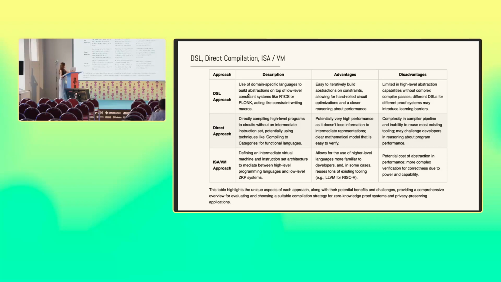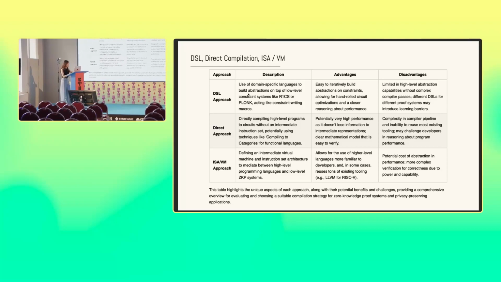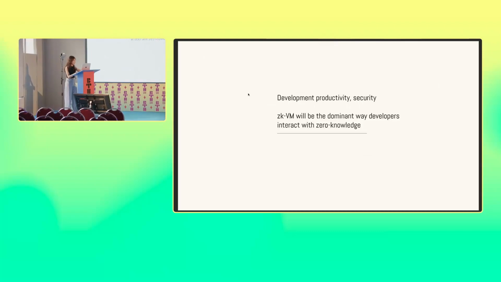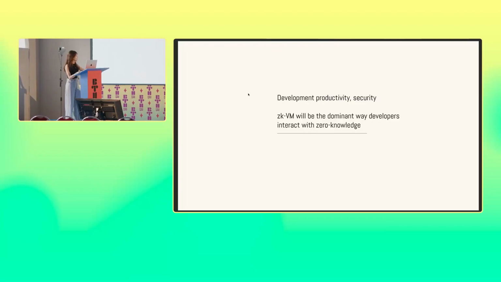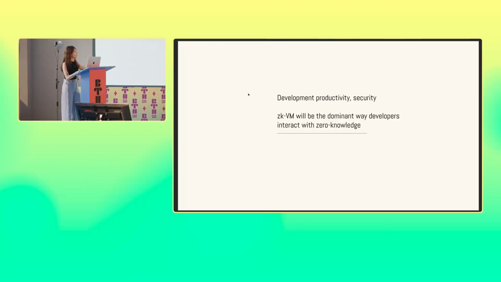And then there's the ISA VM approach, which is Valida, RISC-0, SP1, Polygon Miden. We think that the ISA VM approach is the future, and will be the dominant way developers interact with zero knowledge, because it's more developer-friendly, productive, and much more secure. You don't have to audit all the circuits to make sure there are no bugs. We only need to audit the VM, formally verify it, and so it reduces the space where bugs can happen.